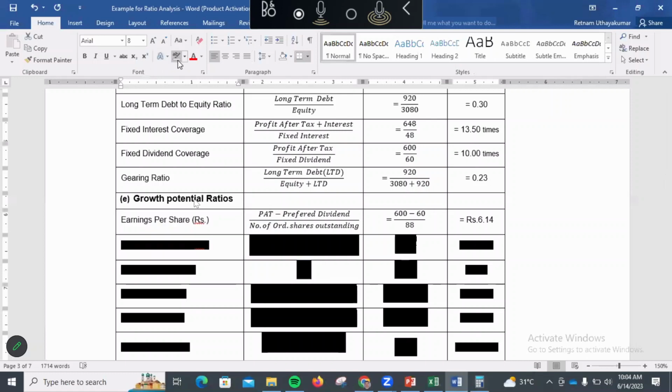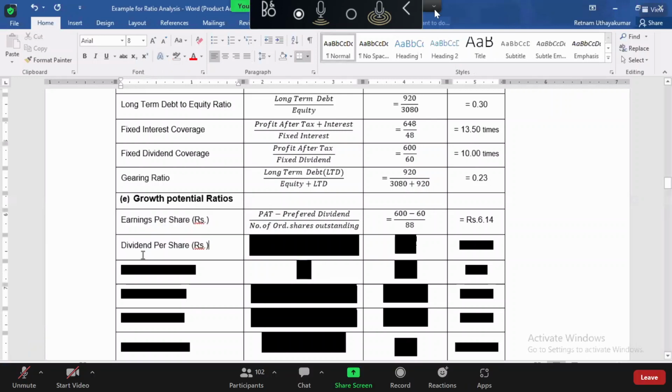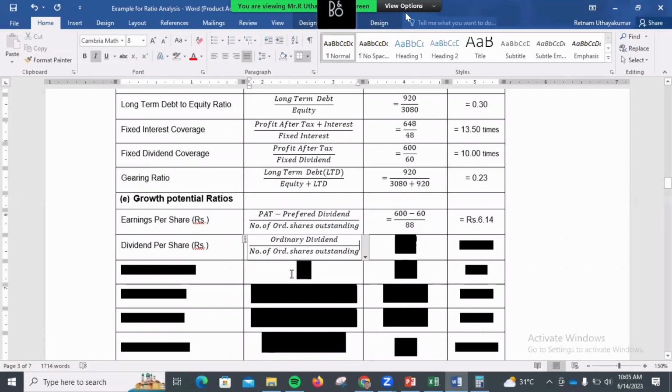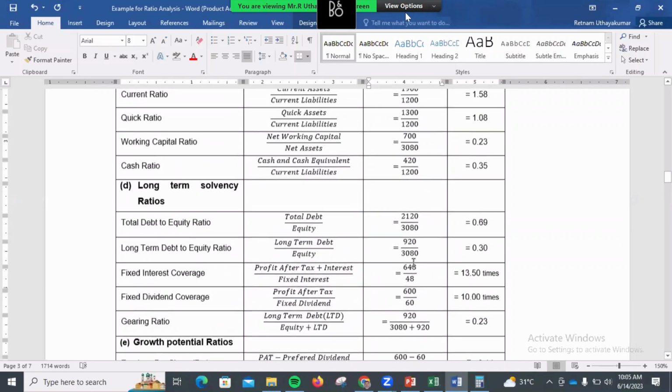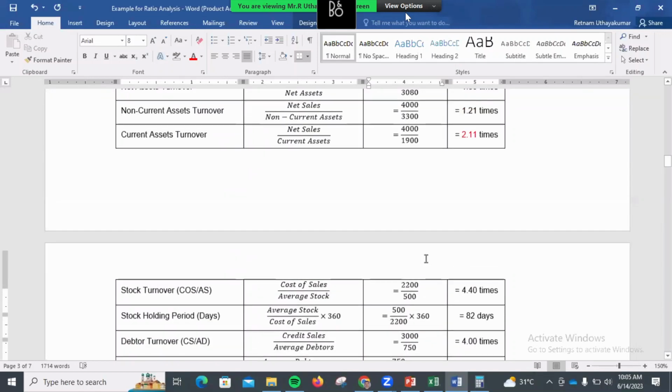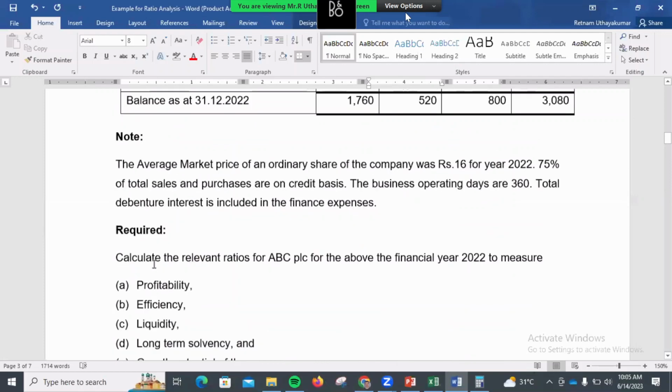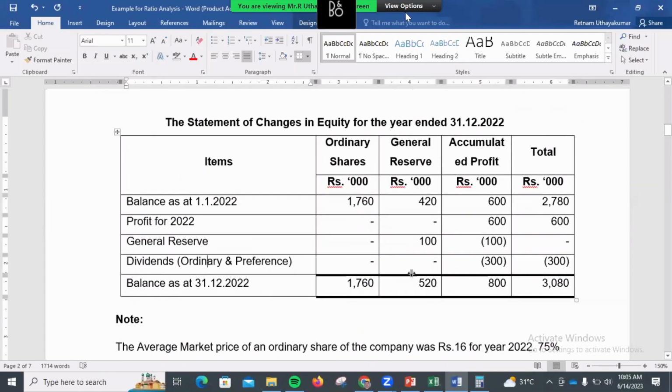Then you can write up dividend per share. Dividend per share is the ordinary dividend over the number of shares. The ordinary dividend is given in the question as 300. So the dividend rate given during the year, 300, is ordinary plus preference.